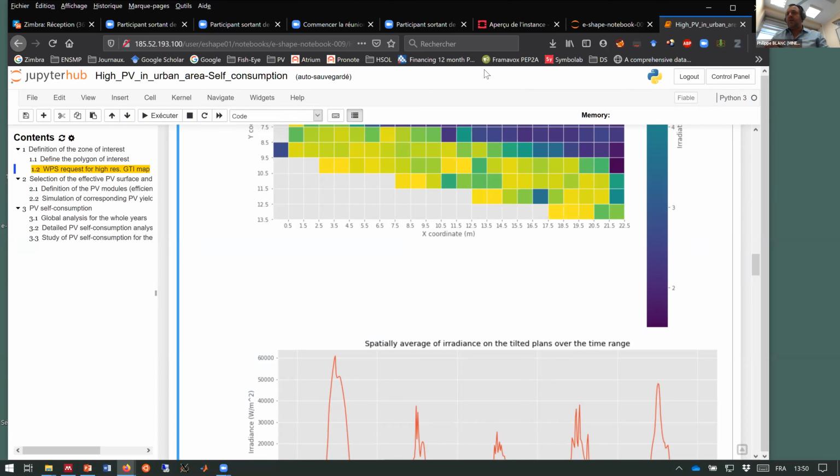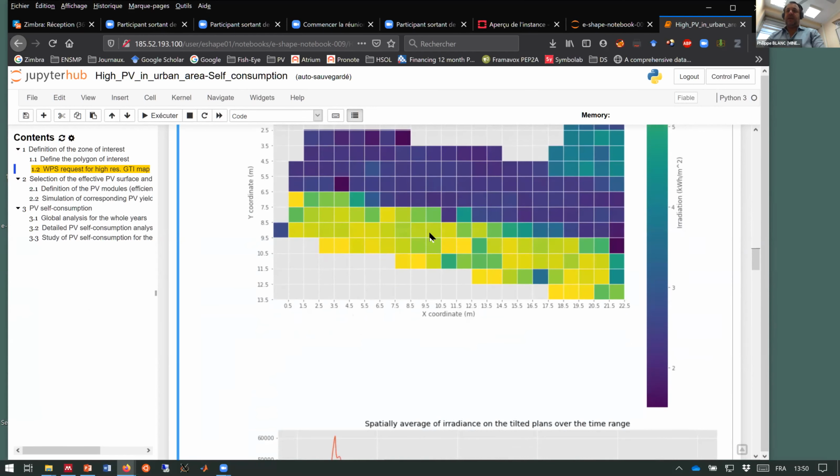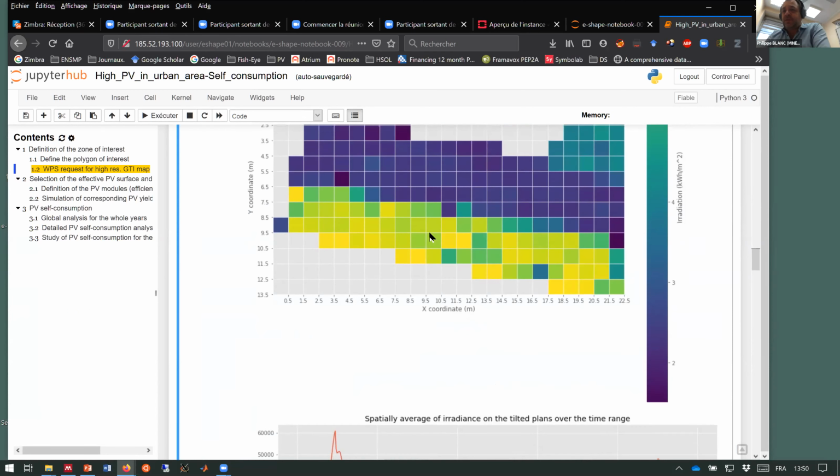And for each component of these diffuse components, we are providing the Perez model and do the sum to get the global tilted irradiance, including the shadow. And of course, each 1 square meter is oriented, and the orientation is computed from the digital surface model. I hope that I have answered the question.